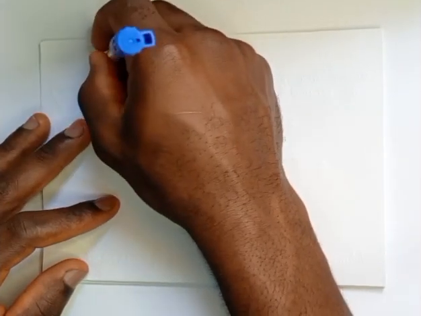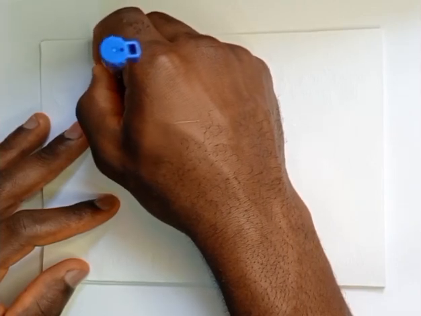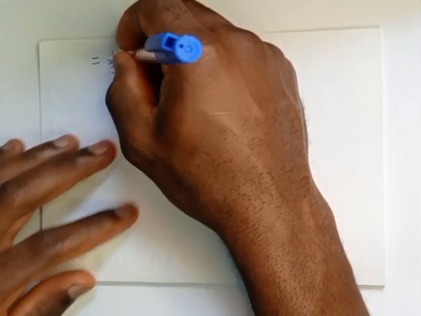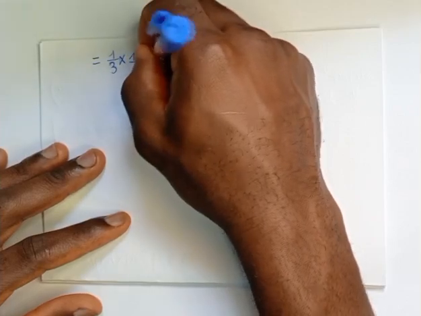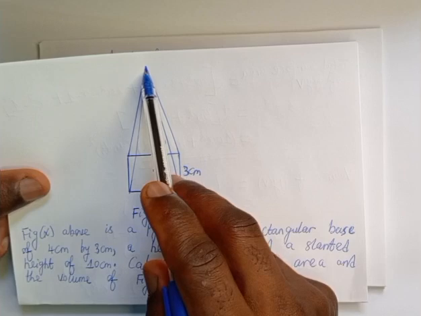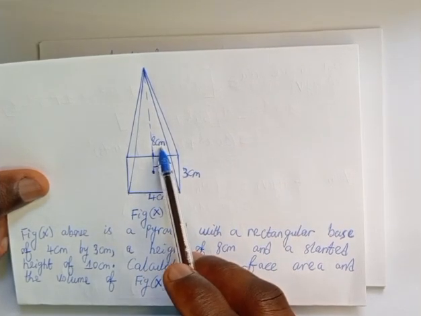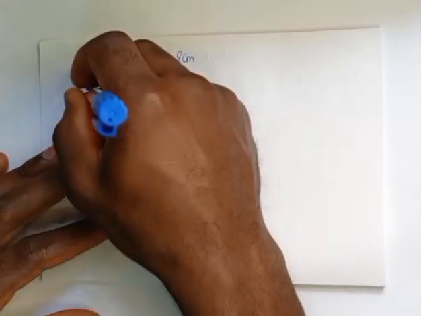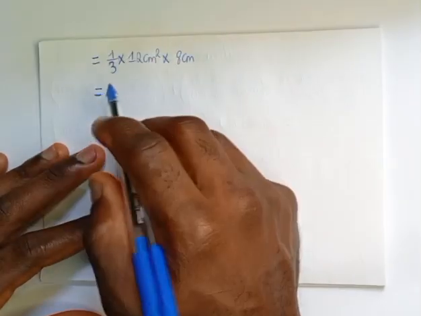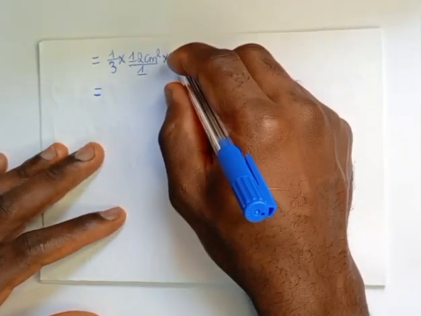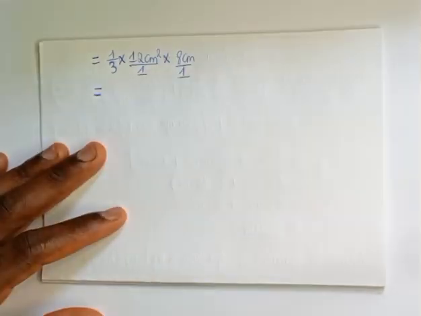This will simply be equal to 1/3 times the area of the base, which is simply 4 centimeters times 3 centimeters, which is 12 centimeters squared, times the height from the base to the vertex of the pyramid, which is 8 centimeters. 12 centimeters squared can be written as 12 centimeters squared over 1, and 8 centimeters can be written as 8 centimeters over 1.